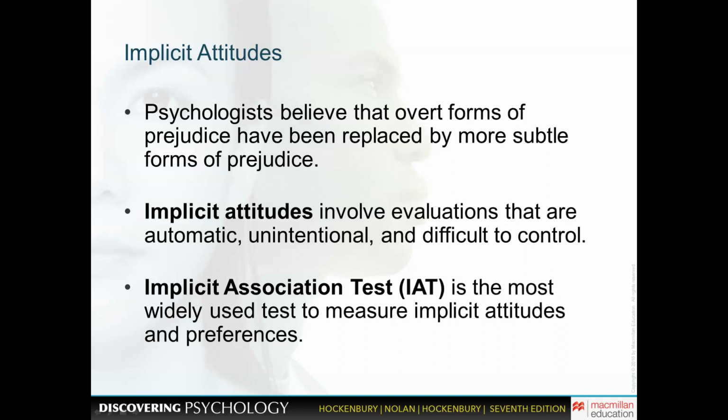That's when we evaluate in a way that is more automatic, unintentional, and difficult to control. Our implicit attitudes come from within ourselves, and they happen a little more automatically. We don't think about those. We don't filter those. So they're more difficult to control.